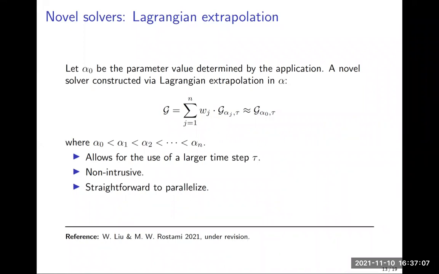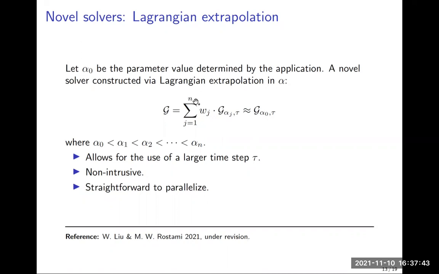By that I mean you pretty much don't need to change your existing solver in any way because we're just taking a linear combination of them. So you just need to change this parameter here, and whatever solver you were using before, you can keep using. We're just going to use a family of them and combine the results according to the Lagrangian polynomial. Before, you had one solver, so you needed to solve the initial value problem once.